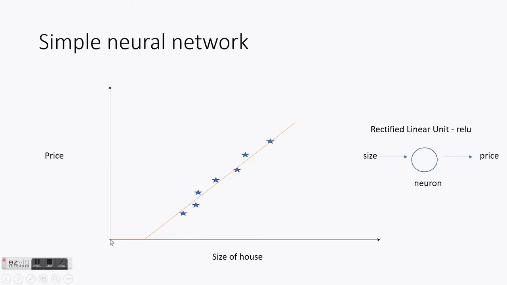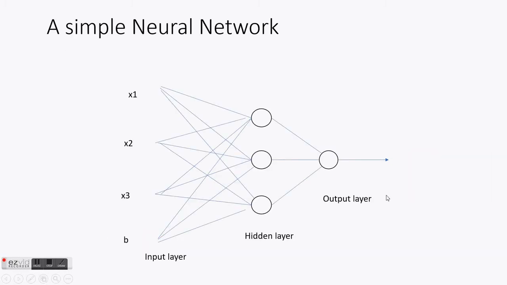So we assume that if the size is less than this, the price is 0. We can use a rectified linear unit, a mathematical function, to fit this set of points. That is, given a size, we can use a rectified linear unit neuron and predict the price.